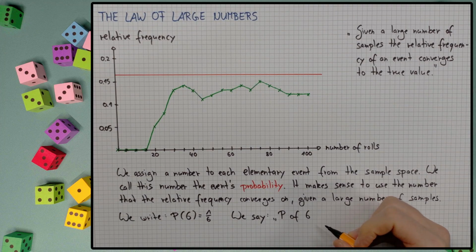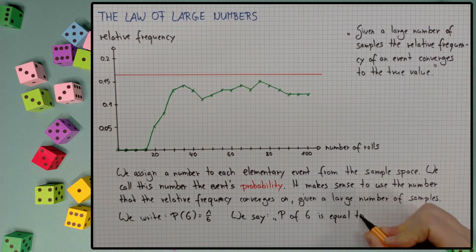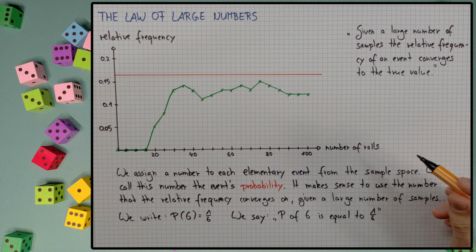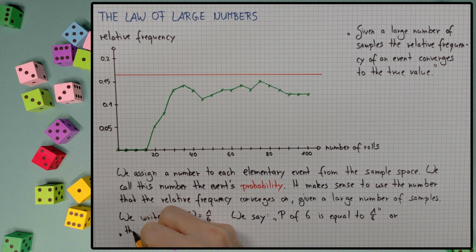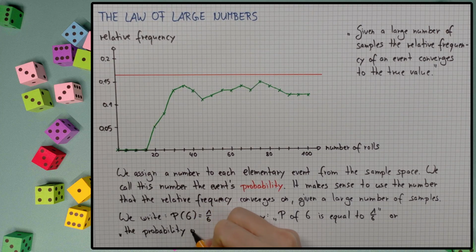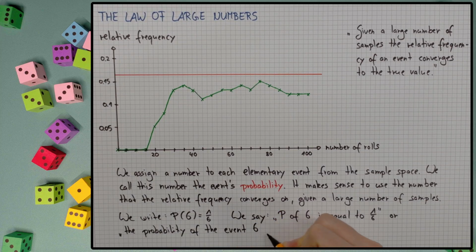You can say P of 6 is equal to 1/6. Or instead of saying P, you can call it the probability. That's the probability of the event 6.